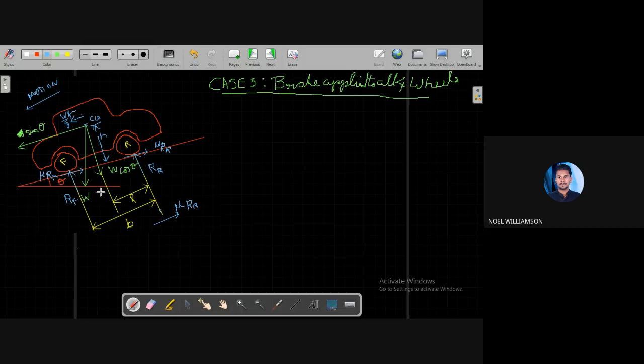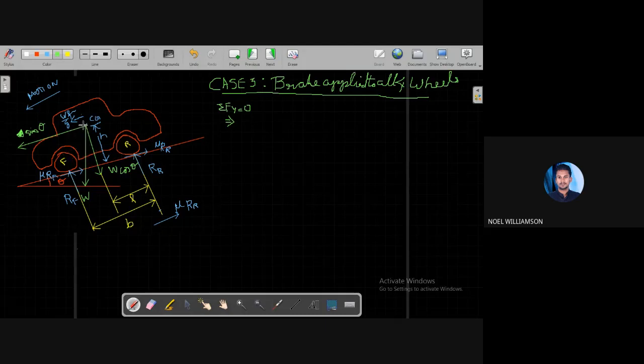While considering the equilibrium equations, we may write sigma Fy equal to 0. So what are the forces acting?